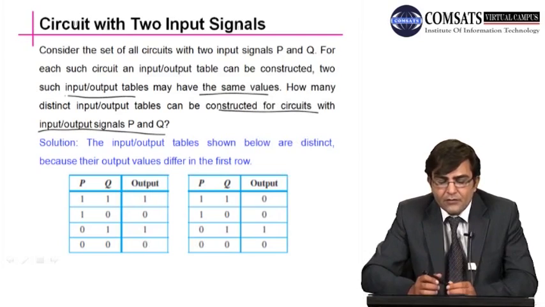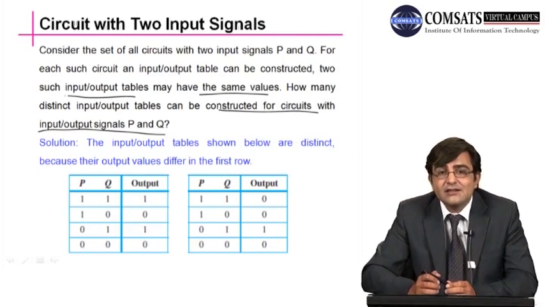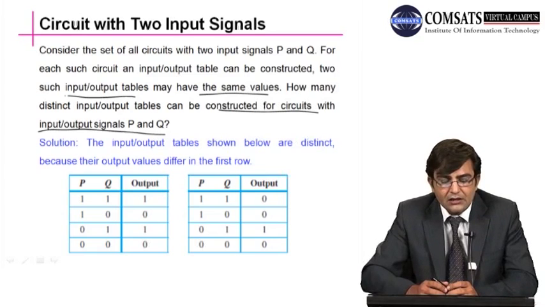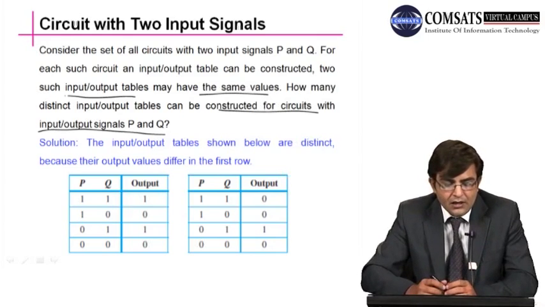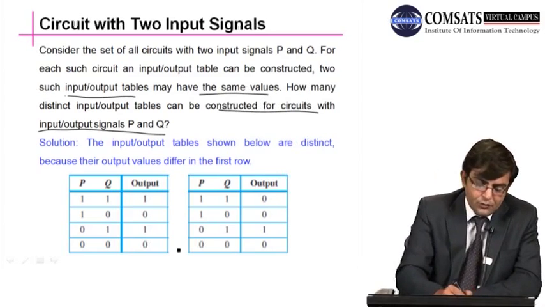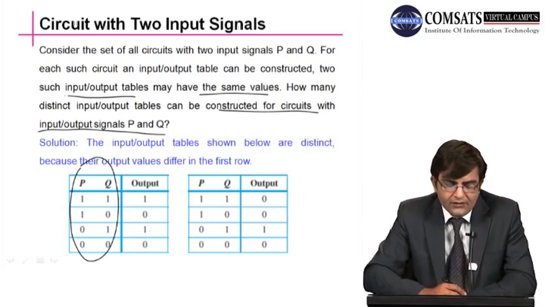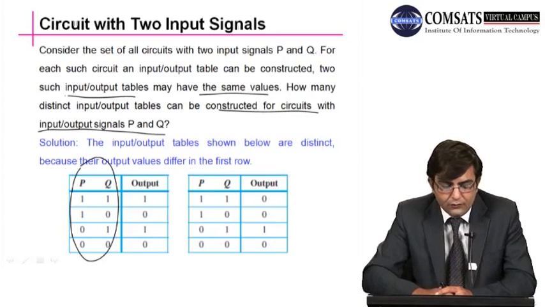So we have to calculate how many distinct, meaning they must not be the same truth tables, can be constructed for circuits with 2 input signals P and Q. First of all, as we studied in logic, if we have 2 input signals, then there are 4 possibilities of choosing input signals.